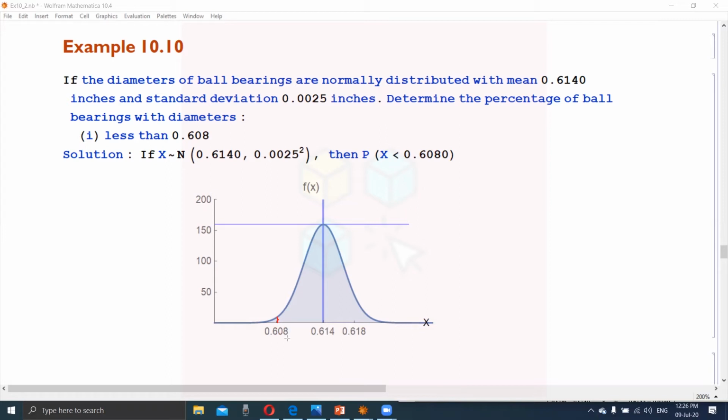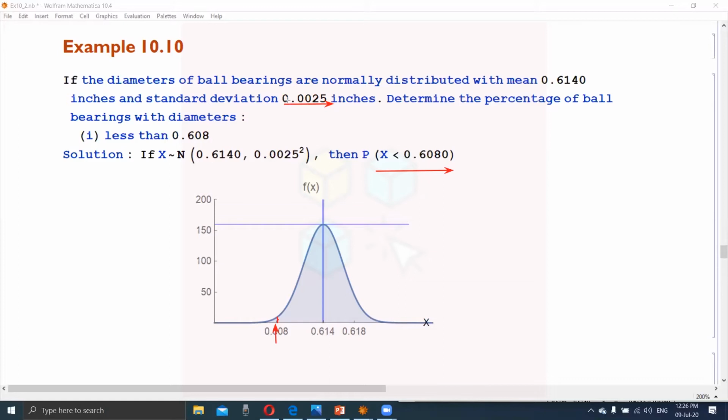So we have to find one more point on the number line which comes before 0.608. The standard deviation is up to 4 decimal places, so continuity correction will be used, 0.0005. Whenever we subtract 0.0005 from 0.608 on the number line, we locate a point, marked with this red arrow.